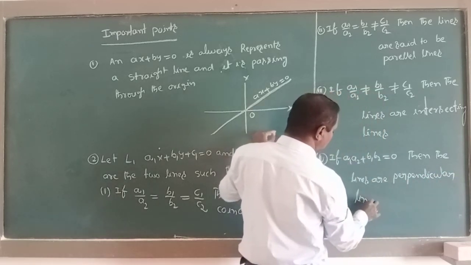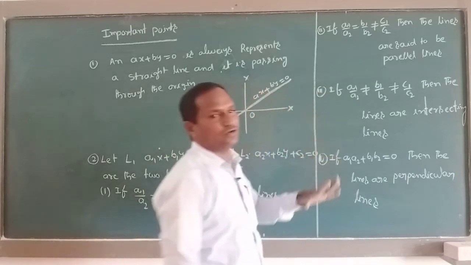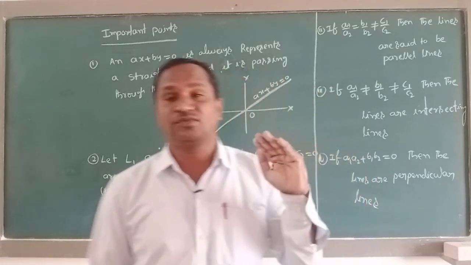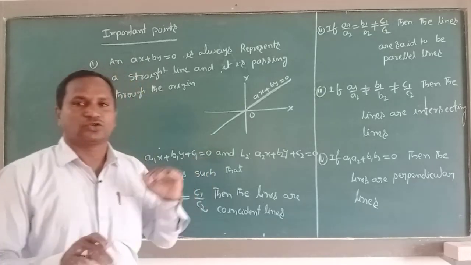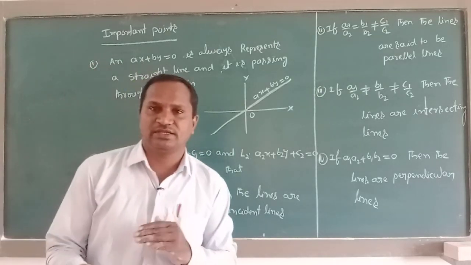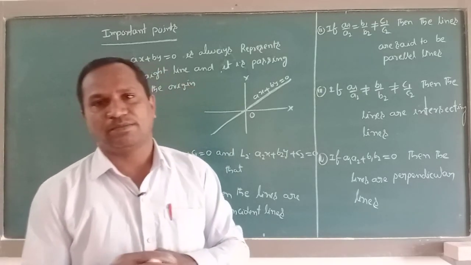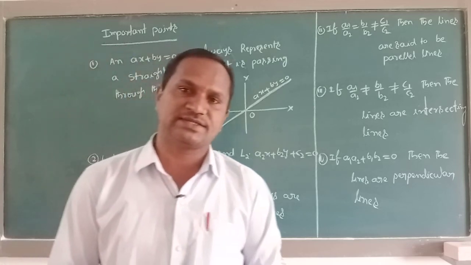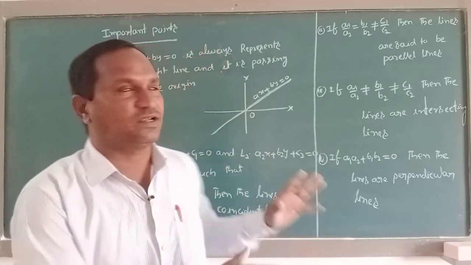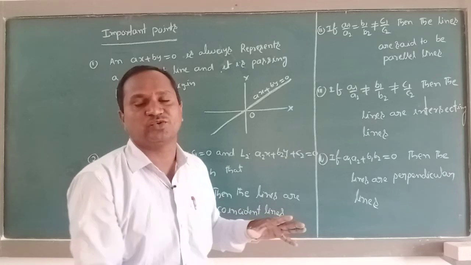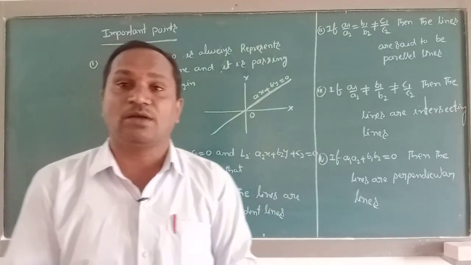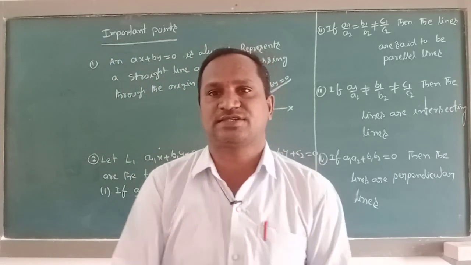Like that, we are defining some different forms to show whether given lines are coincident, parallel, perpendicular, or intersecting. Based on all these 4 points only, we decide the nature of the given two lines.